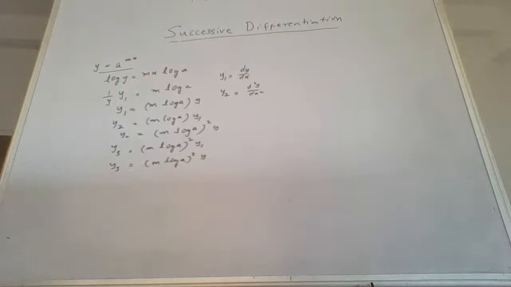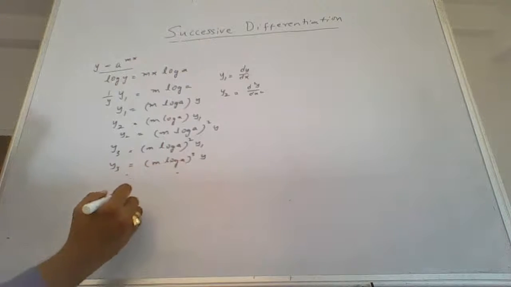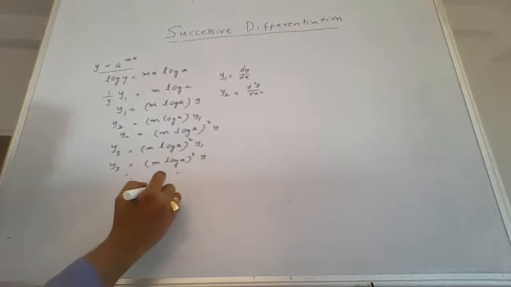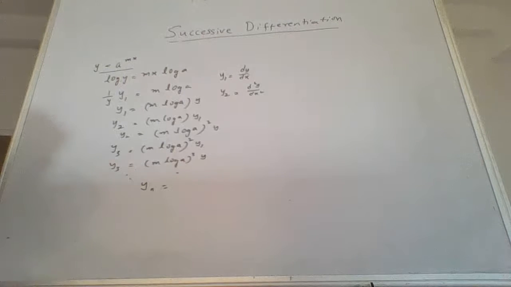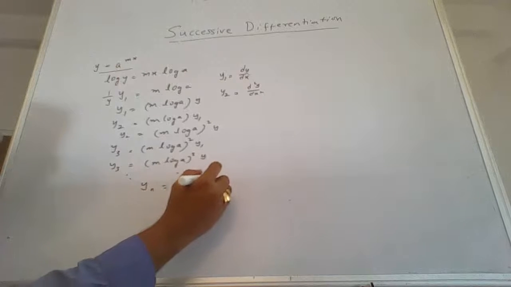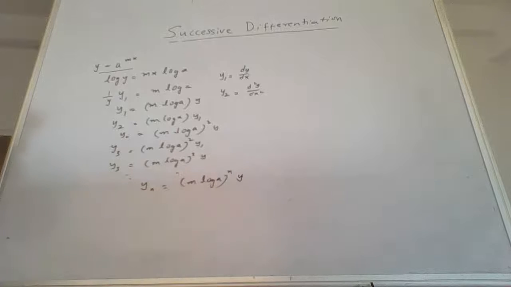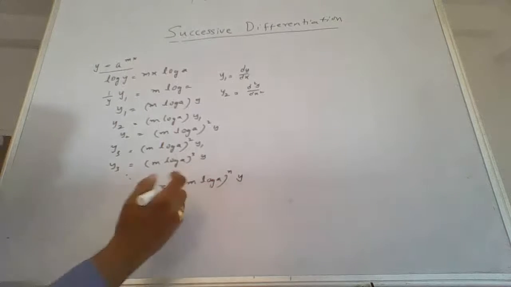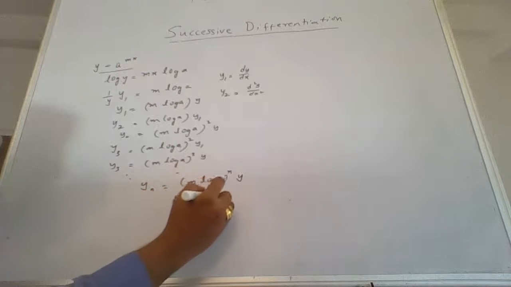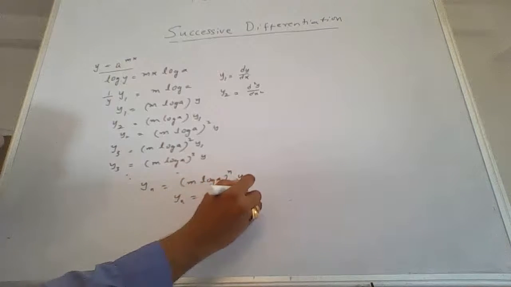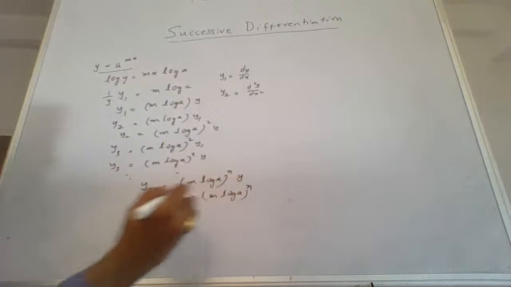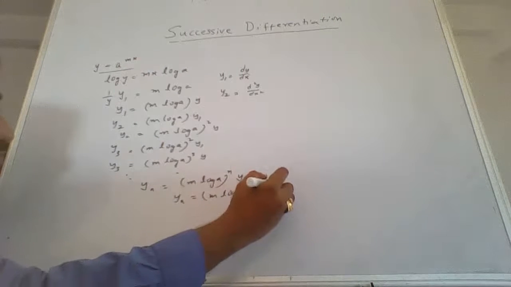So let me again go for y power n, I mean yn. y1 would result to (m log a) power n into y. So we have (m log a) power n into y, which is a to the power of mx.